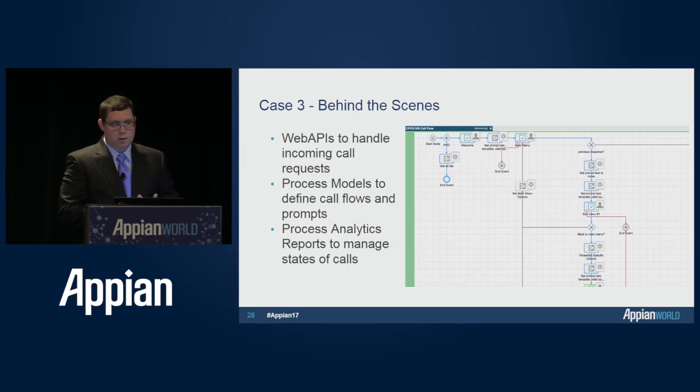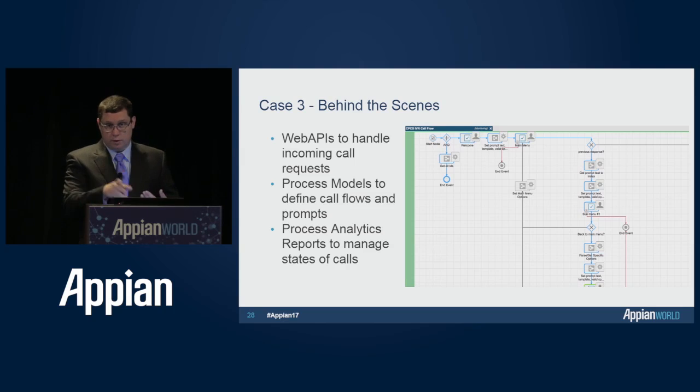The UI nodes in this process model represent the different prompts where we're waiting for user input. The main driver behind this whole thing is web APIs again. Every time we submit a response through Twilio, through the IVR, it will call a web API that does complete task and moves the task along the way.